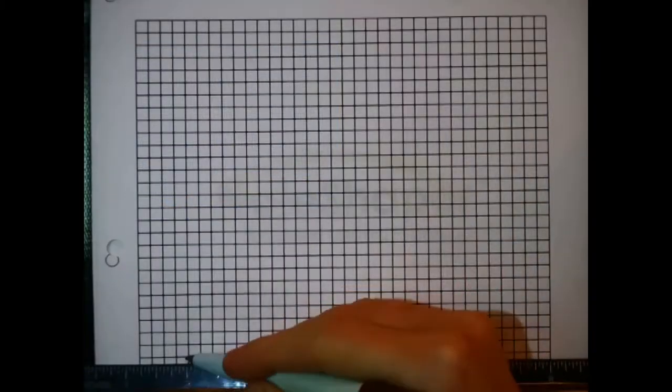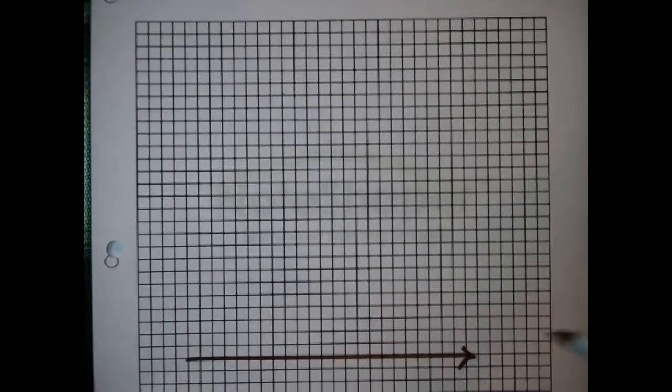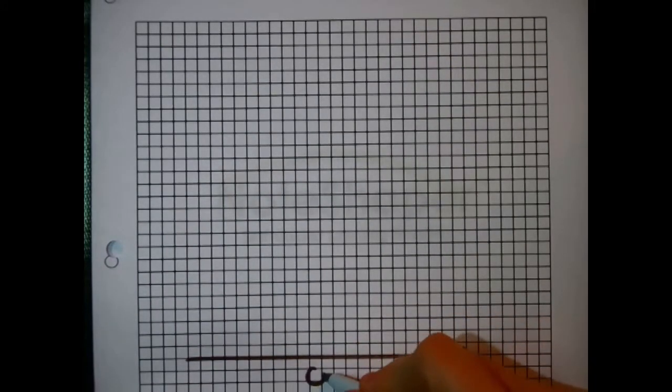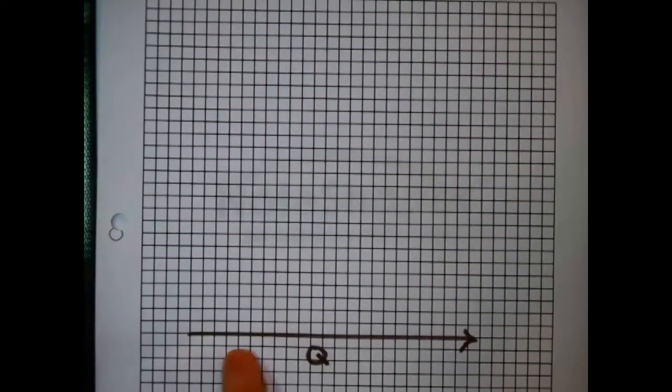Okay, now what are its features? First off, we need to define the axes. We'll have a horizontal axis. That's going to represent Q, the various levels of production levels, right?